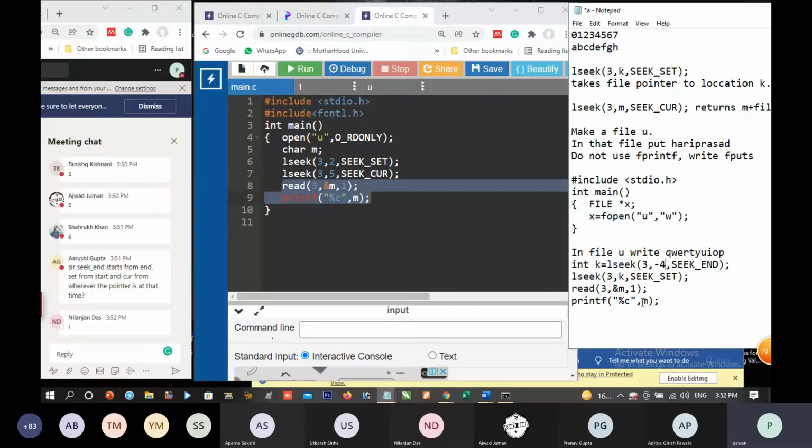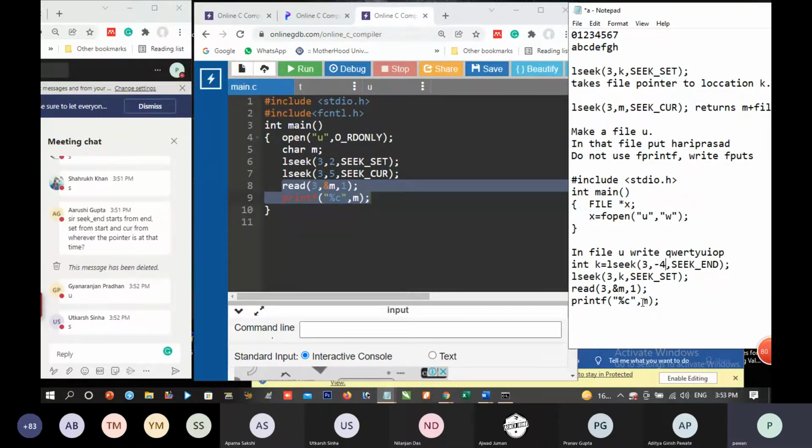That is correct, Gupta, you are correct. Once you tell me, then you execute it and tell me the output.